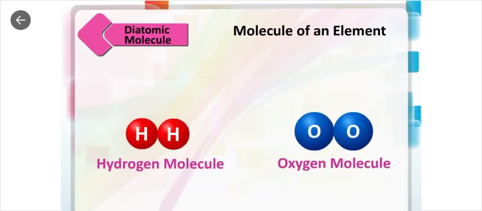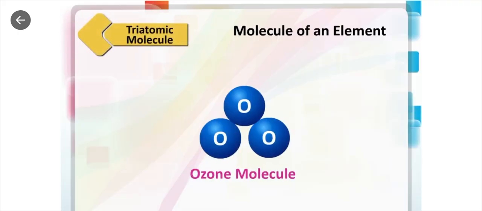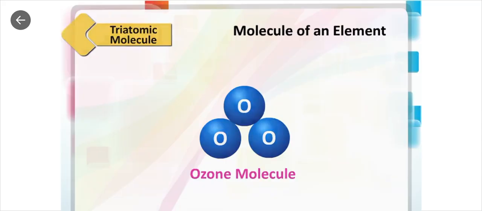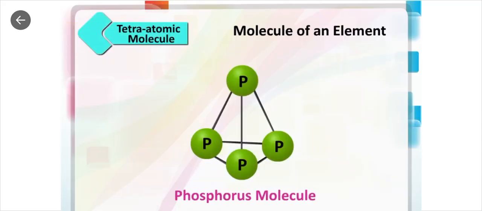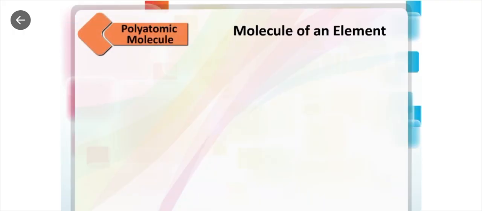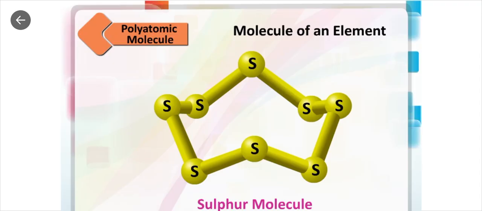A diatomic molecule contains two atoms of the same element. A triatomic molecule contains three atoms. A tetraatomic molecule contains four atoms. A polyatomic molecule contains more than four atoms of the same element.